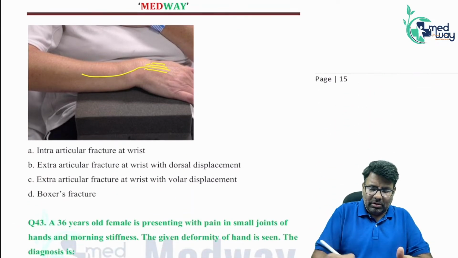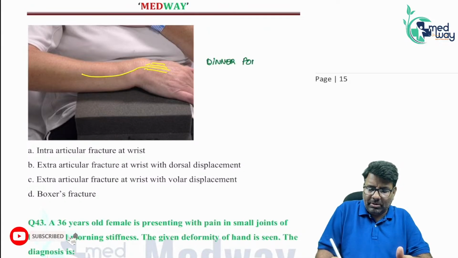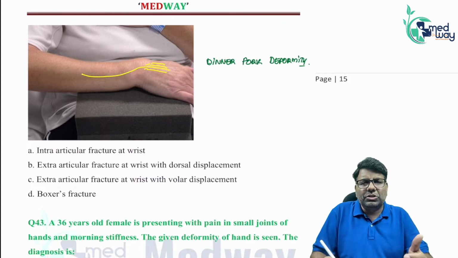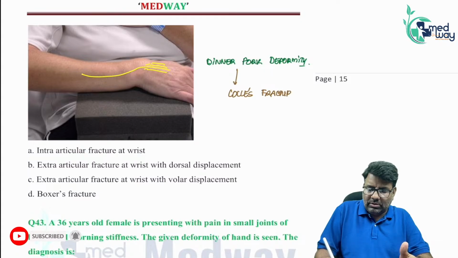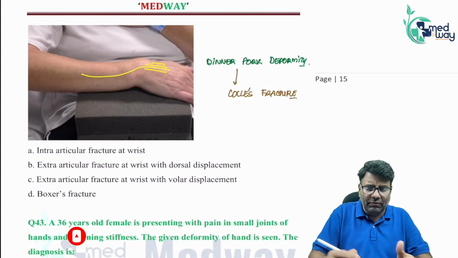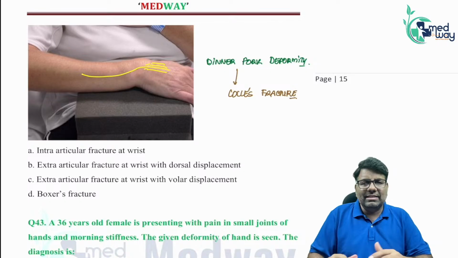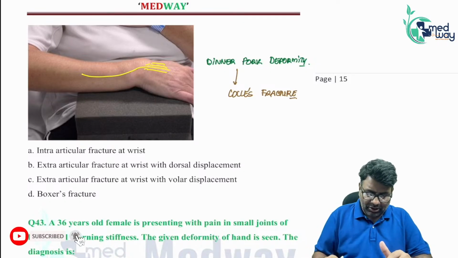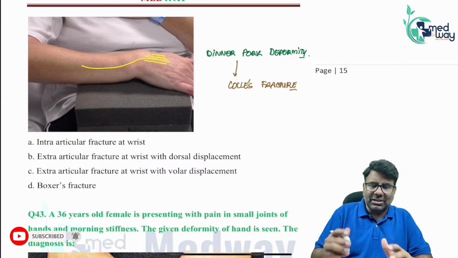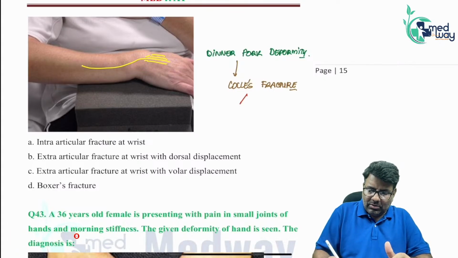The moment you find the words dinner fork deformity, the injury that comes to mind is Colles fracture. If we define the Colles fracture, it is an extra-articular fracture at the corticocancellous junction, right? So it is an extra-articular fracture.